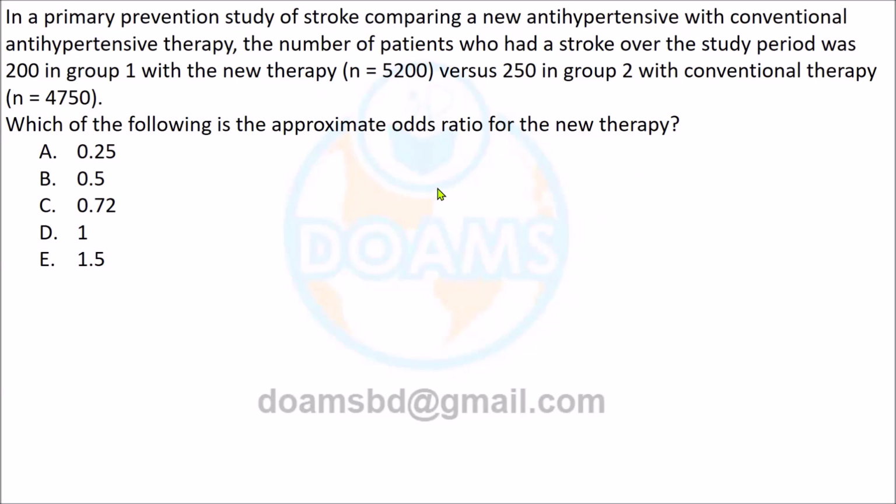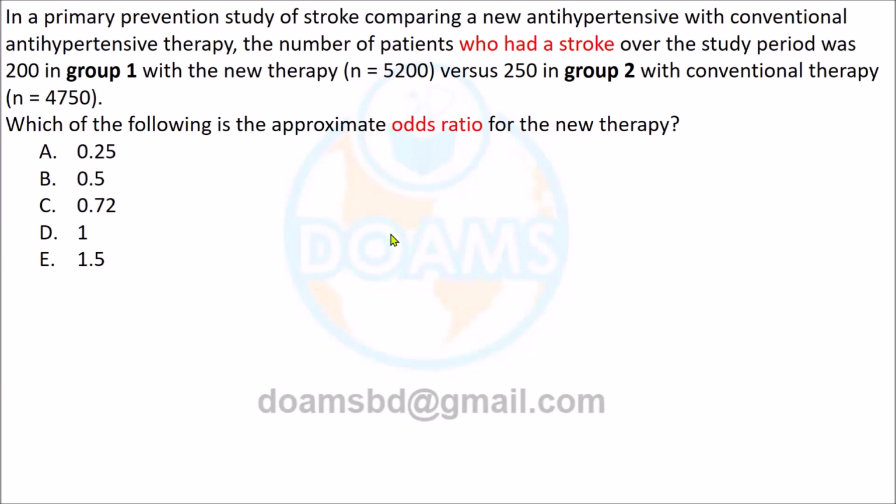So there are two groups, right? Yes, group 1 and group 2. We need to calculate the odds ratio, so first the odds of group 1 and the odds of group 2. In group 1, the total was 5,200, and 200 developed stroke. The outcome means a stroke: 200 had a stroke, so the non-stroke count is 5,000, not 5,200.